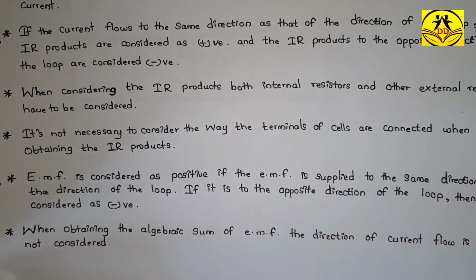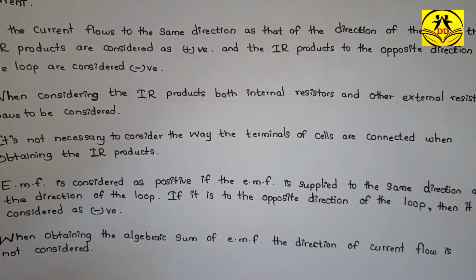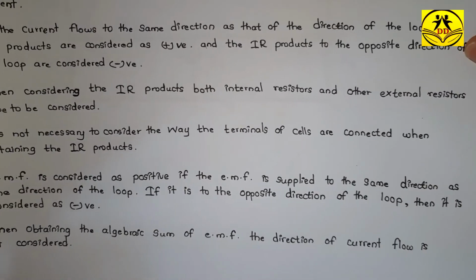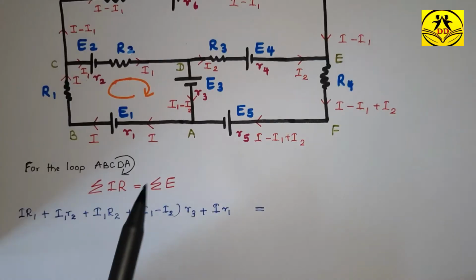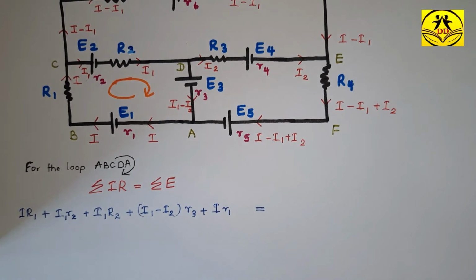EMF is considered as positive if the EMF is supplied to the same direction as the direction of the loop. If it is to the opposite direction of the loop, then it is considered as negative. So first what you should do here is marking the directions of the EMFs.